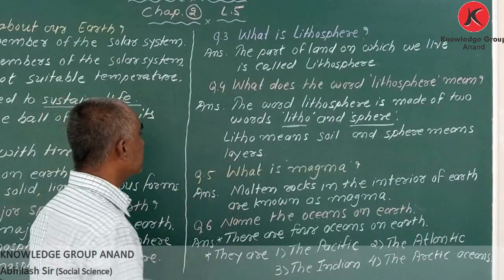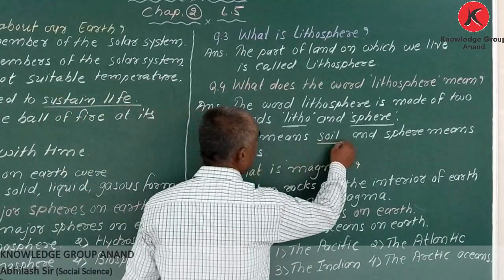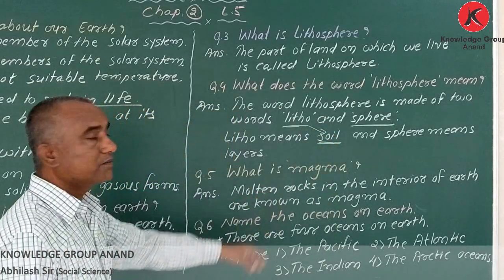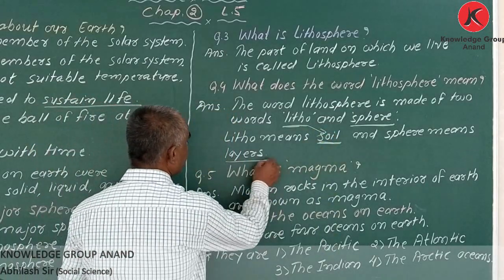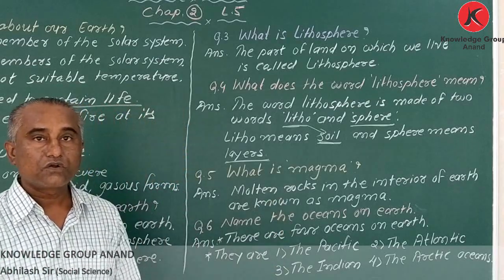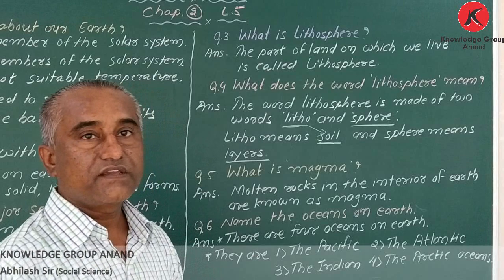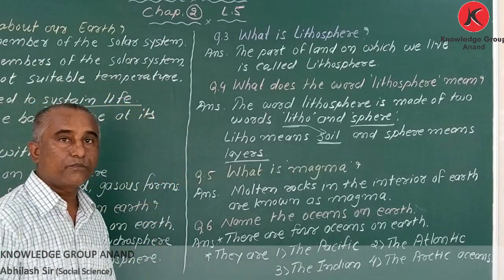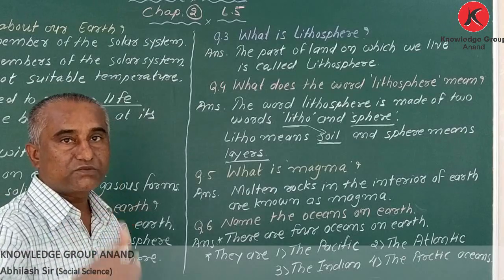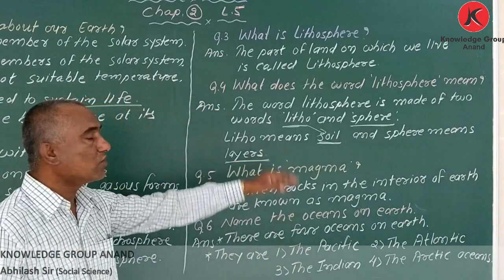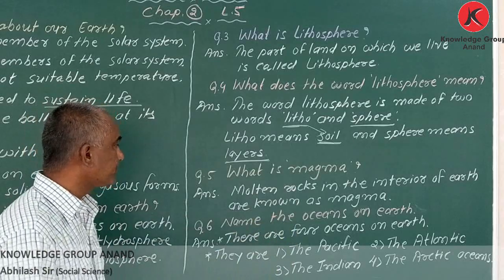And my dear student, litho means soil and sphere means layers. Got it? So lithosphere means soil layer. So the part on which we live, that is called lithosphere. The meaning of litho is soil and the meaning of sphere is layer.